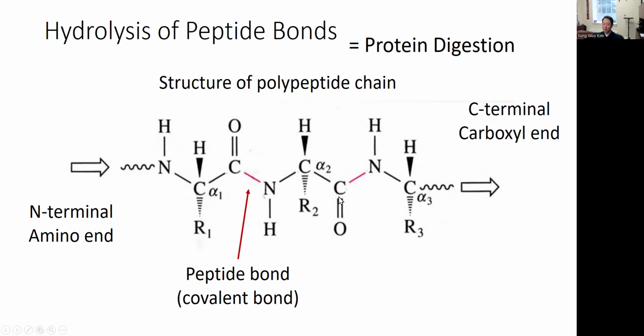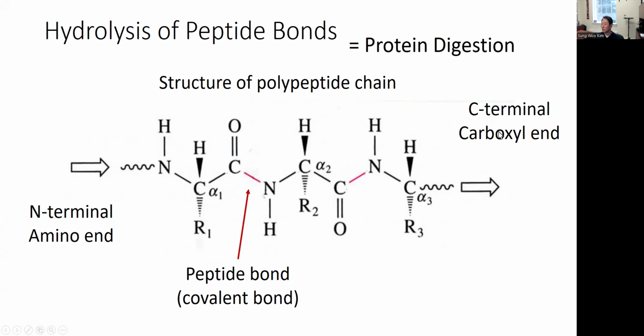Here, one thing that you learn from biology or biochem or chemistry: when we draw a section of a peptide made of amino acids, we always put the nitrogen on the left side and the carbon on the right side.